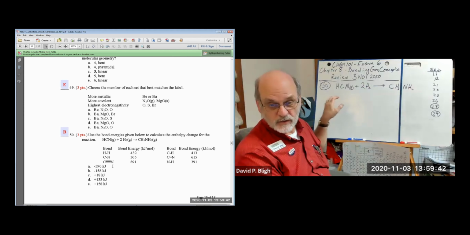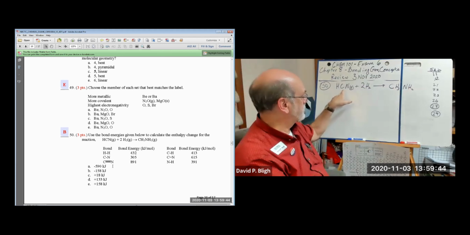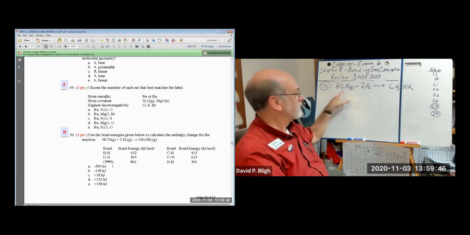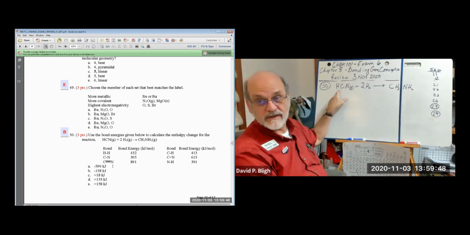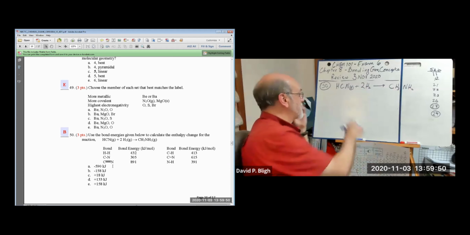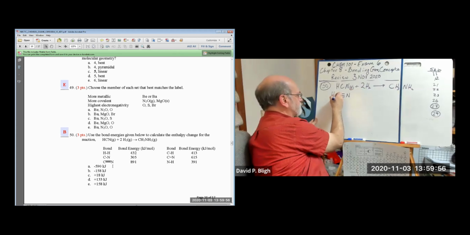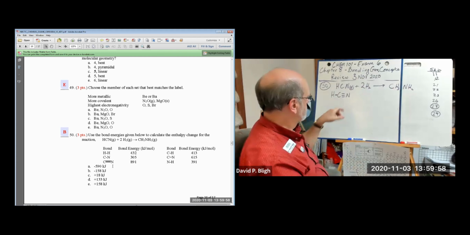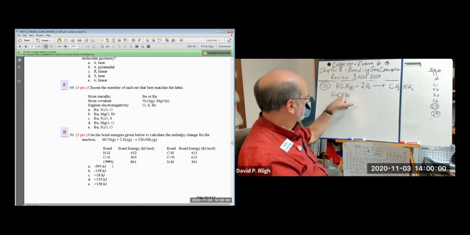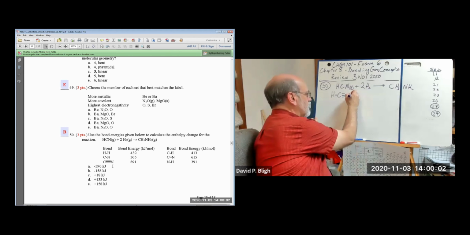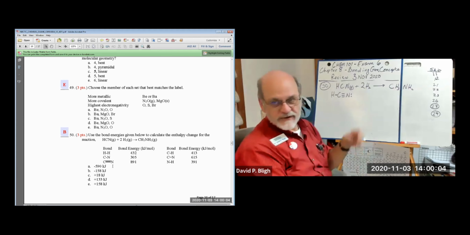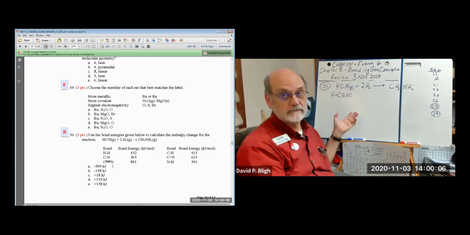That means you've got to do Lewis structures for each one. Right. This is hydrogen cyanide. We did that one in class already. Okay. So let's see. That's 1, 2, 3. Actually, there's a lone pair out here. But for this calculation, the lone pairs don't matter.